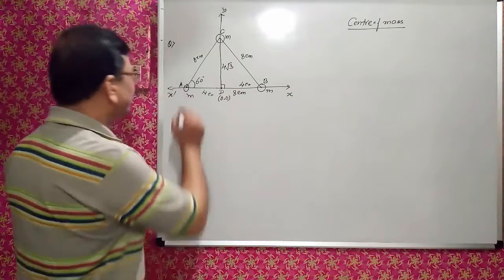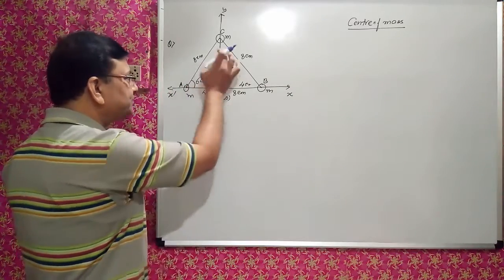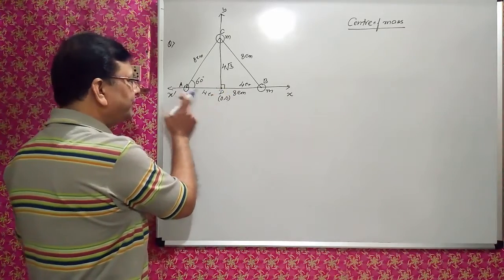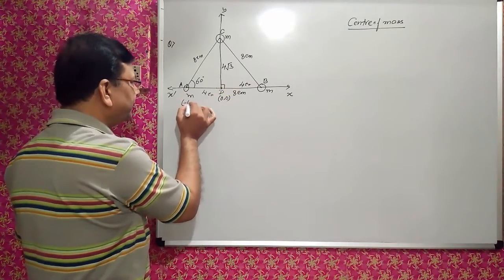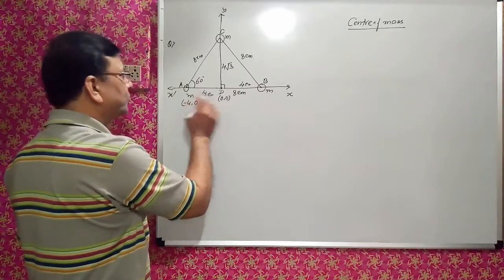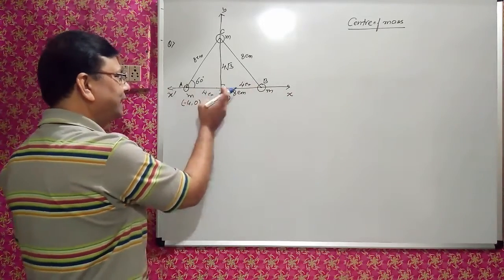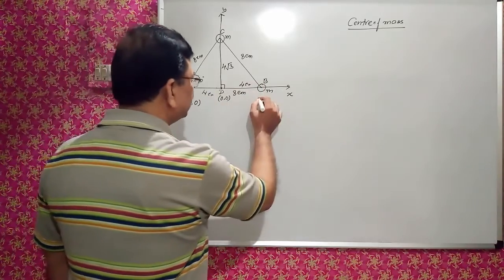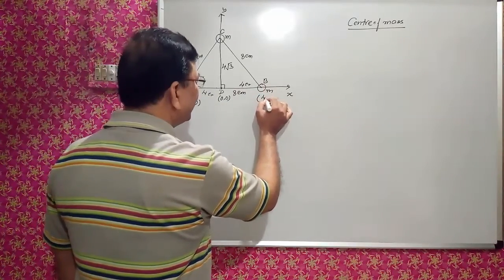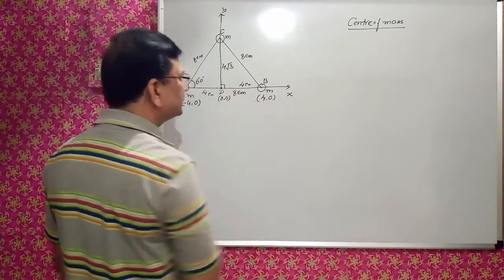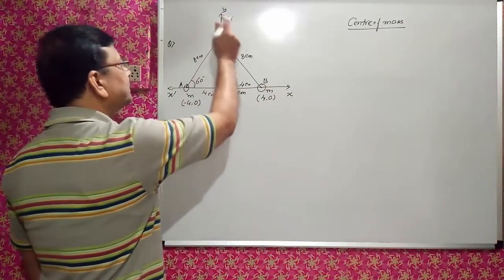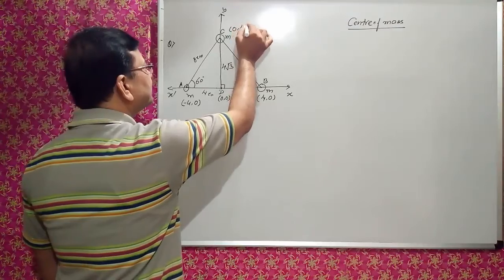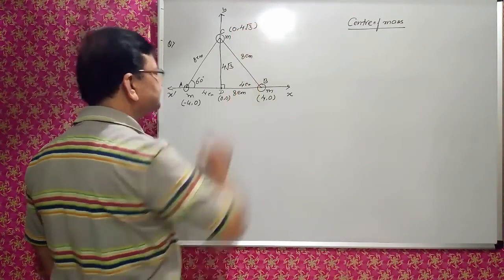Here, what is the coordinate of this point? With respect to this coordinate system, 0 is here, in the negative direction, this will be minus 4, 0. It is on the x-axis, in the opposite direction, this is minus 4. In this direction, this will be 4 and 0. In this direction, that is x coordinate is 0, y coordinate is 4 root 3.